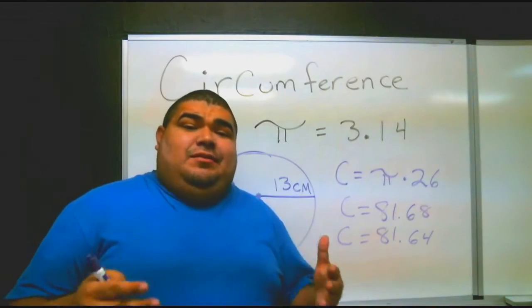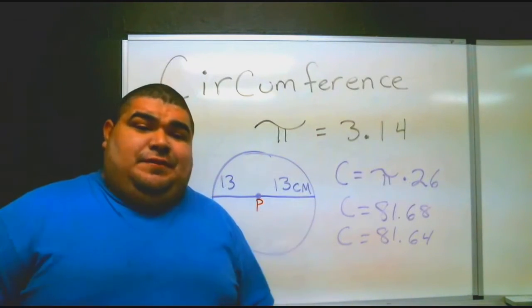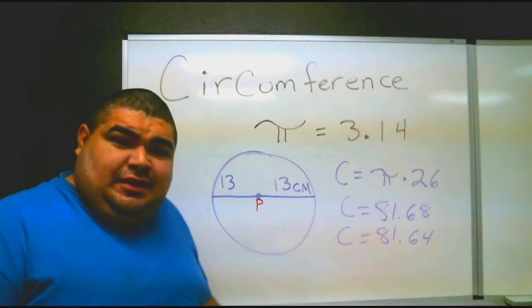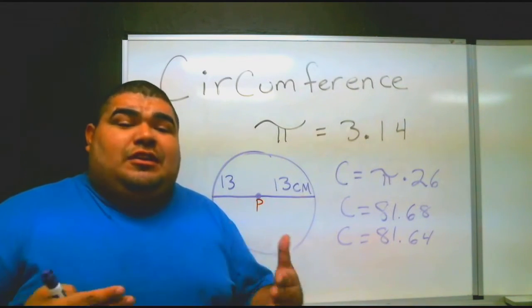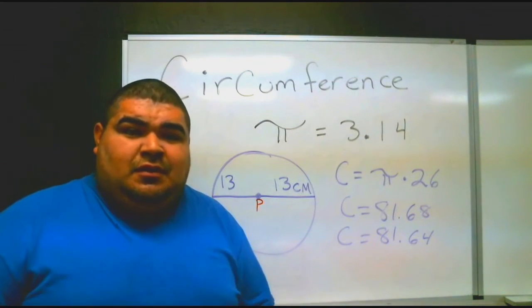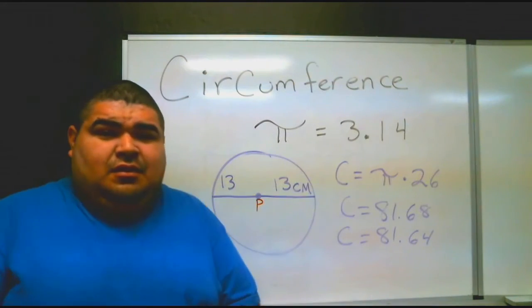Both equations give you the same answers. The only difference is you start off a little different depending. Some problems might give you the whole diameter already. Some of them might give you just the radius. So you can use either one to solve the problems. Very, very simple concept.